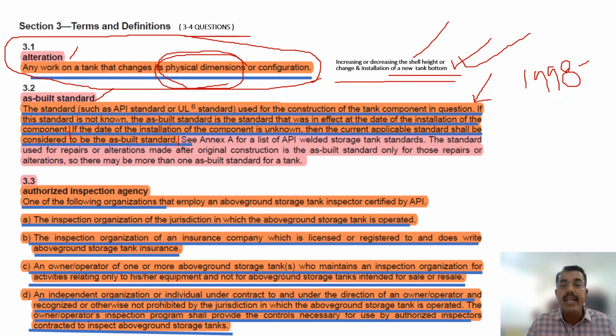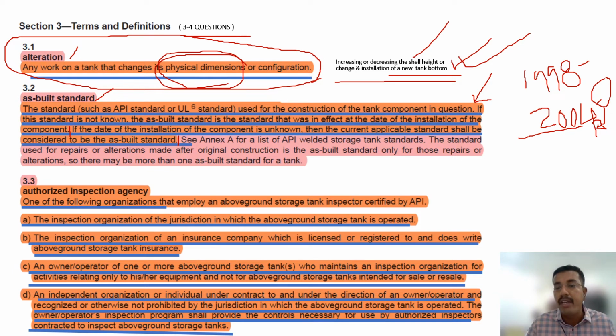But if that standard was not mentioned and it was missing, and the tank was installed in 2004, we will consider whatever API 653 standard was governing at that time as the as-built standard for that particular tank. If the date of installation of the component is unknown, when it was installed we don't know, then the current applicable standard shall be considered.